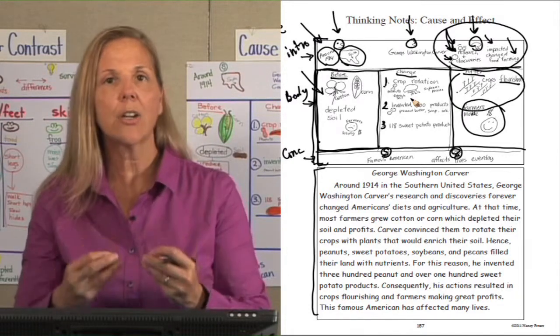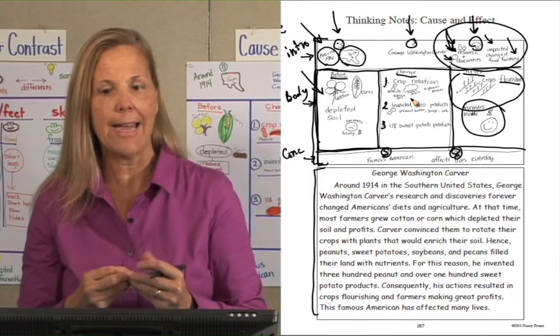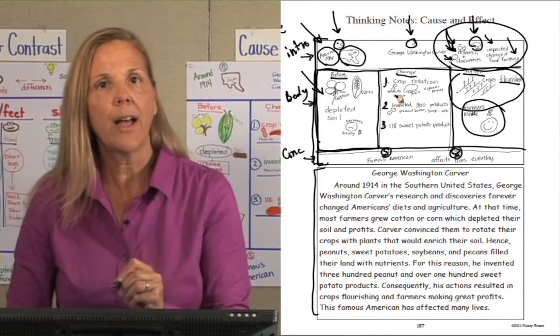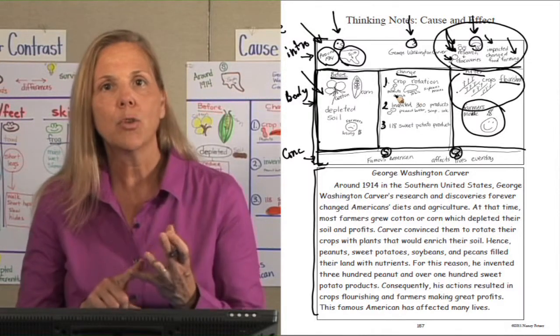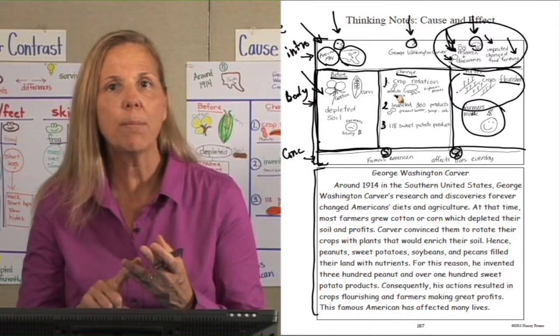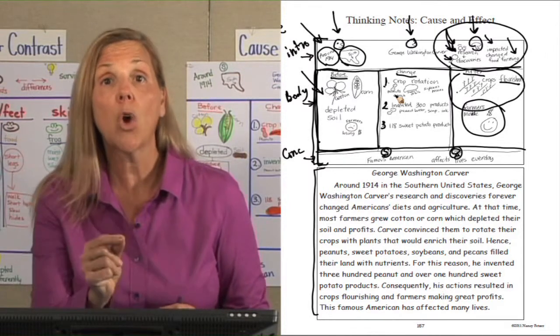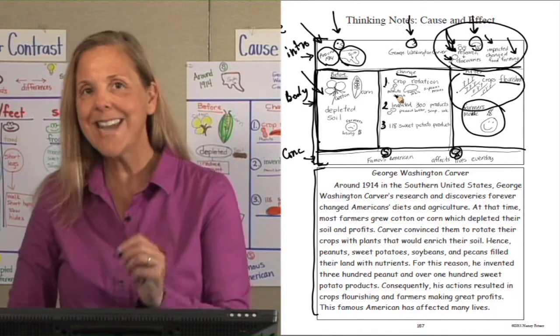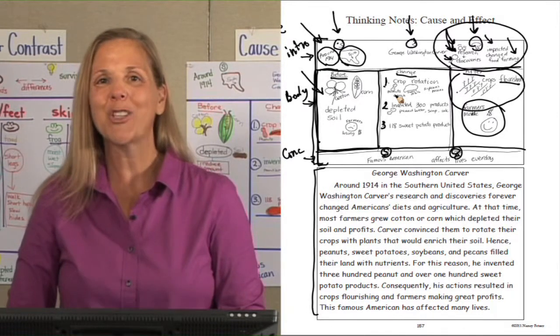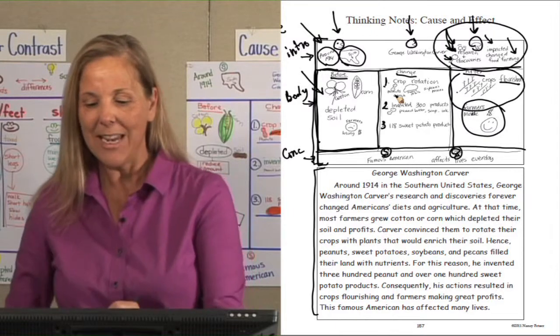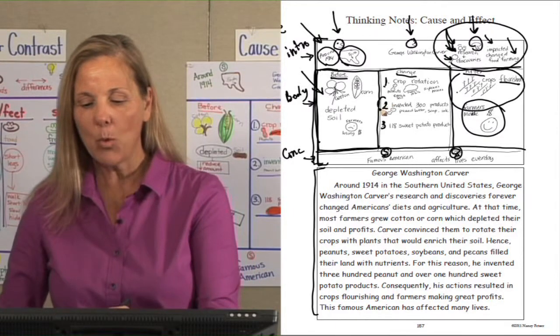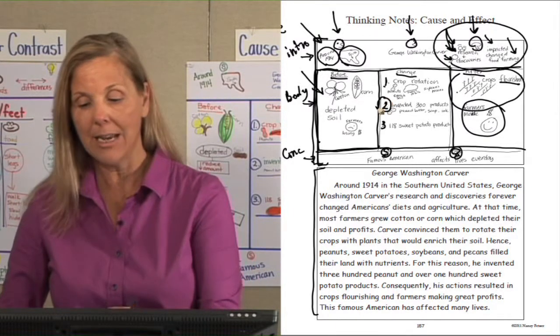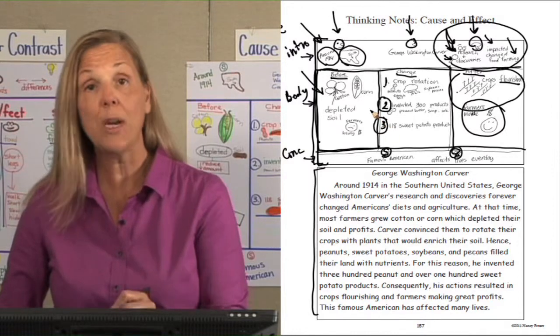So the students and I are talking, and they identify that. Once they identified that he had the peanuts and he had the sweet potatoes, he had to come up with products so that people would want to buy those types of plants. And that was the next part of George Washington Carver's discoveries, when he came up with different ways to use a peanut, different ways to use sweet potatoes.